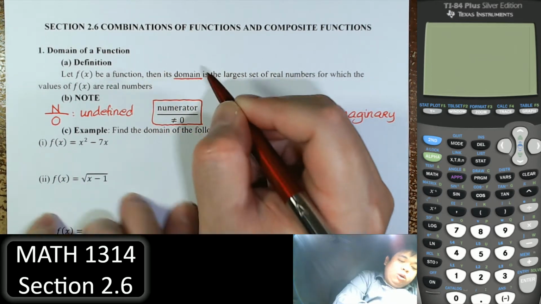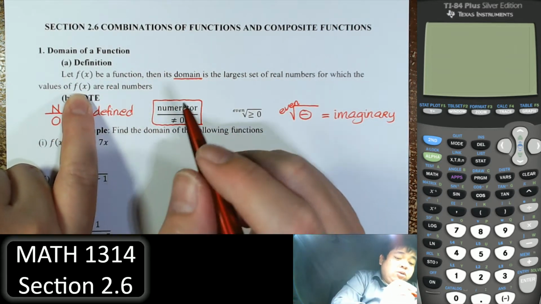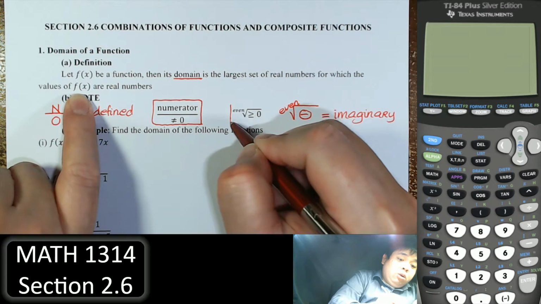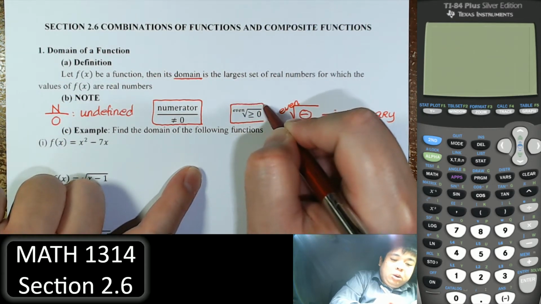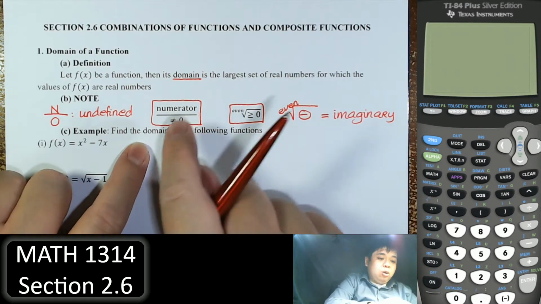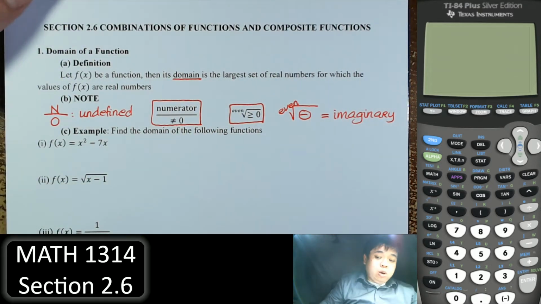Since for the domain we only consider the real values for the function f of x, we will require anything inside an even root to be greater than or equal to 0.